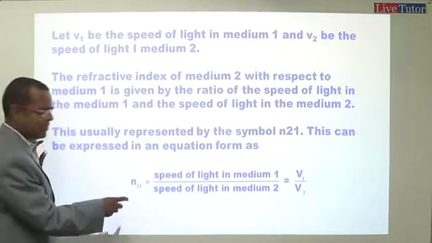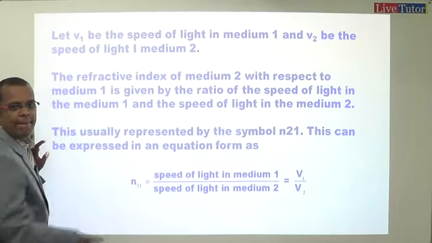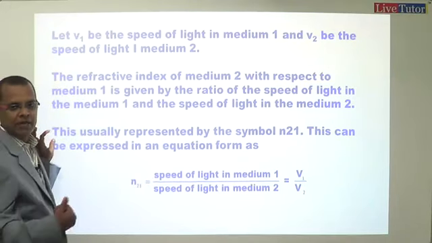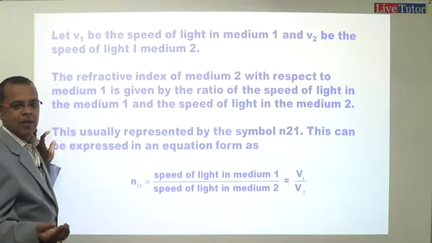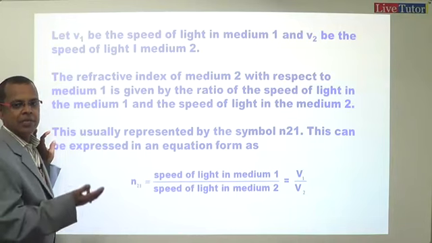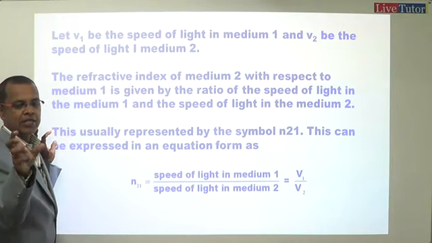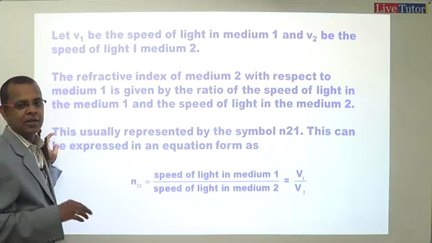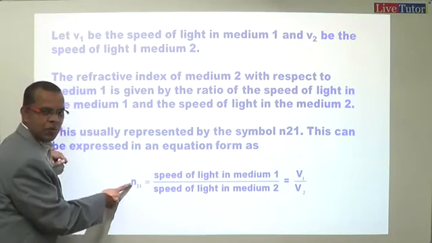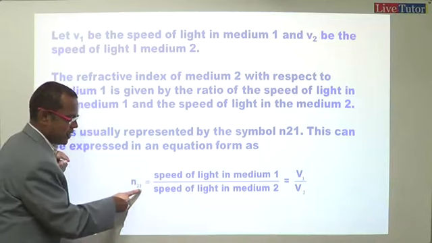So what is the importance given to the second medium? When you take the first medium and second medium, we are talking about the refractive index of the second medium. For example, glass: here we are talking about the refractive index of the glass. But with which one are we comparing? We are comparing with the air. So it is the refractive index of the glass with respect to air.